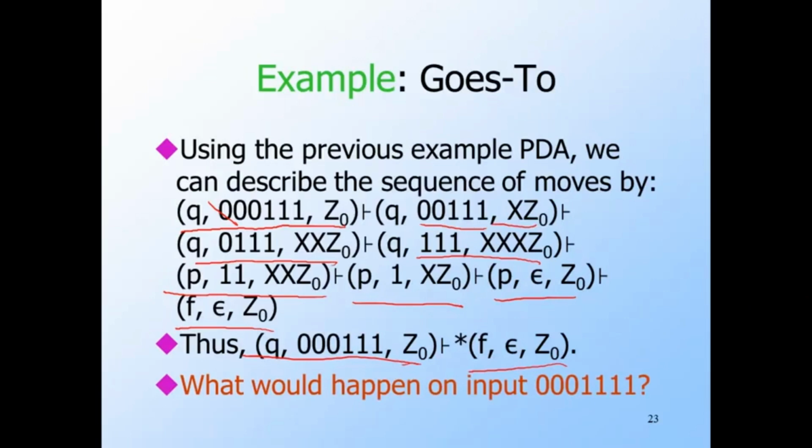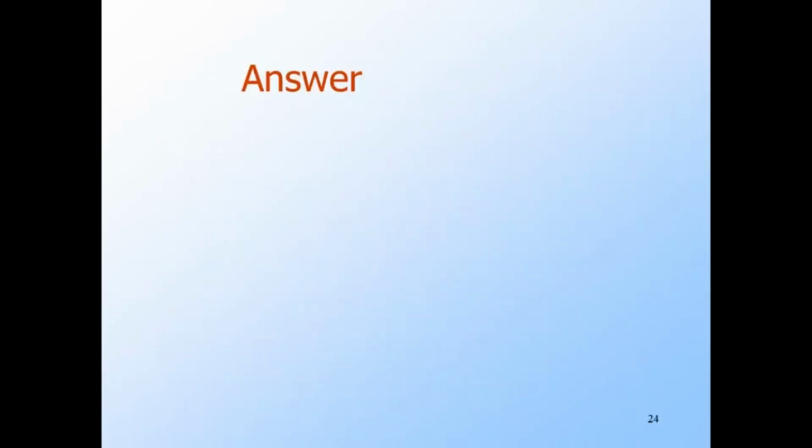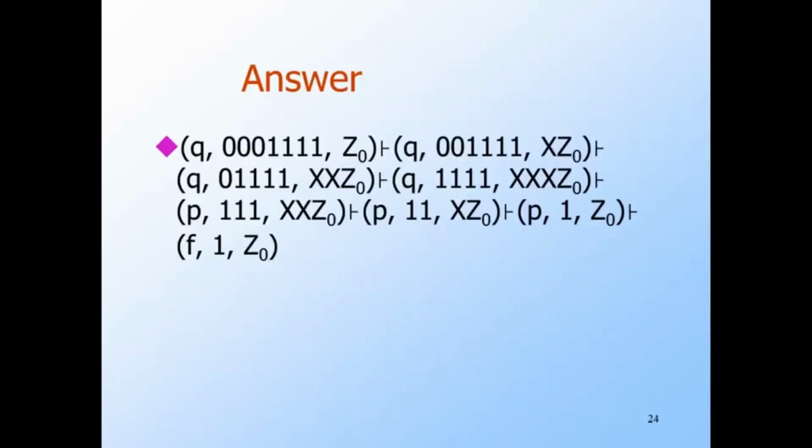In order to understand better the idea of acceptance of an input by a PDA, we have to ask ourselves, what would happen if there were an extra 1 on the input? We'll take that up on the next slide. Okay. The sequence of IDs is the same, except that an extra 1 tags along at the end of each input string. The last move, where the state changes from P to F, is still legal because a PDA can use epsilon input even if there is input remaining.